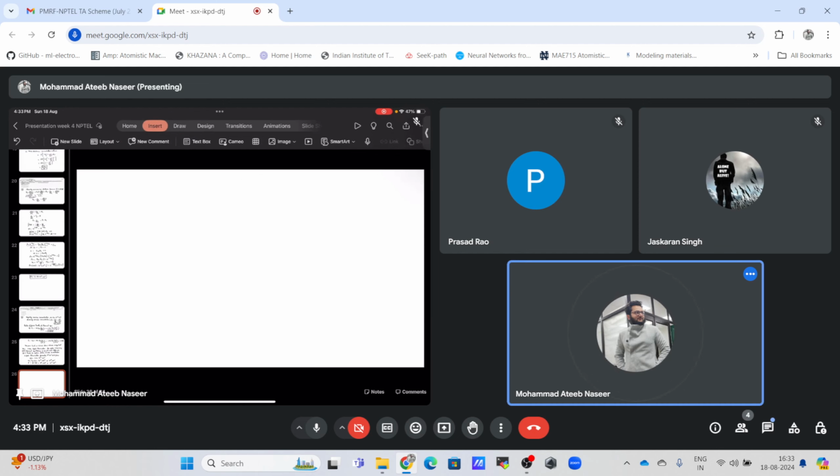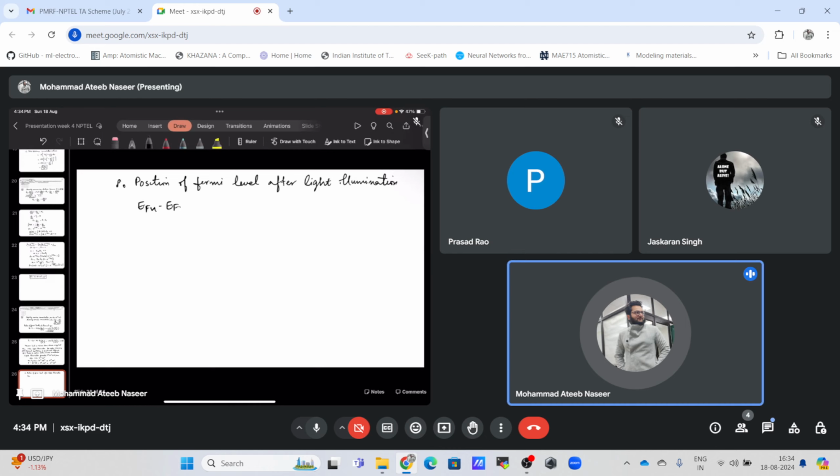So now we have to look at the position of the Fermi level after light illumination. The EFN minus EFi will remain the same because the electron concentration has not changed.